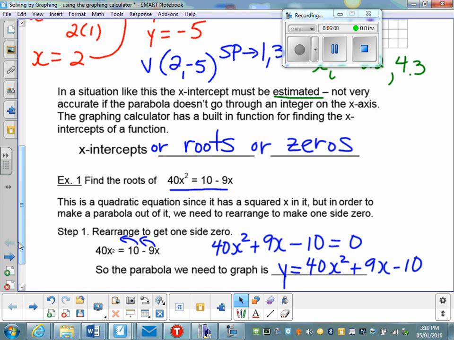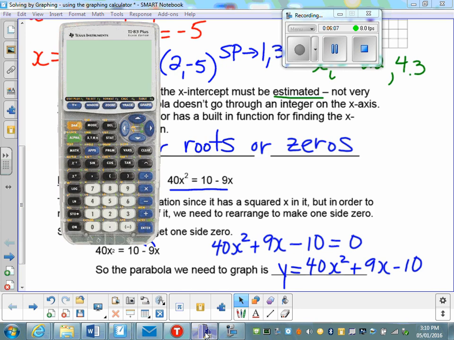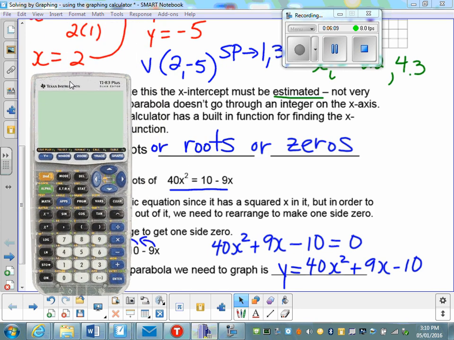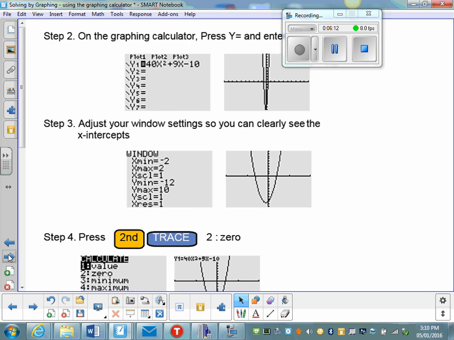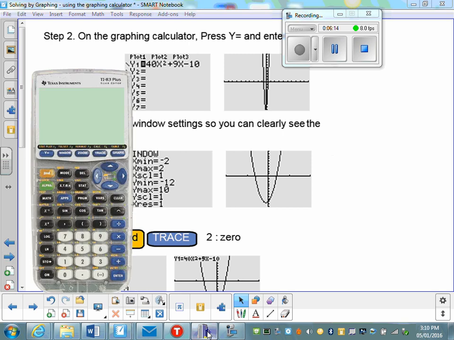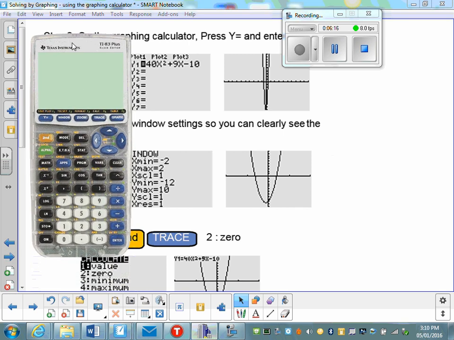These steps are on your note, and you're going to be able to use the graphing calculator tomorrow in class, but you can follow along with what I'm doing here. So if I turn this on, there we go.